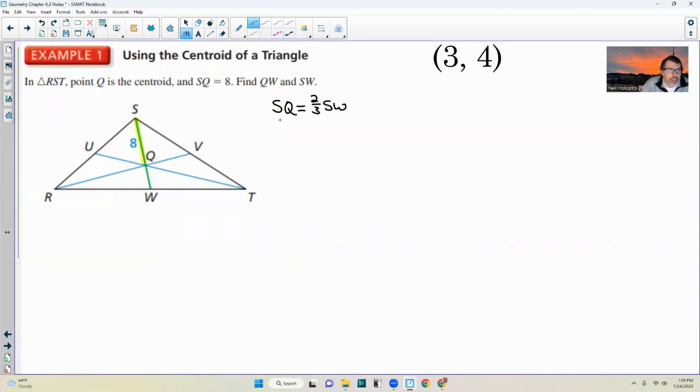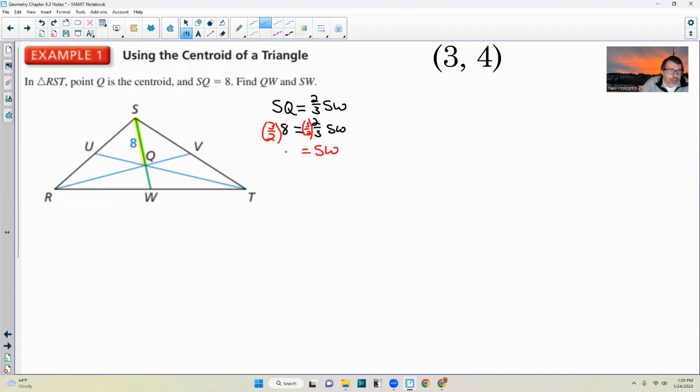Then you substitute the given. So SQ is 8, so 8 equals 2/3 SW. And in order to get rid of a fraction, you multiply by its reciprocal, 3/2. And what you do to one side, do to the other. So 3 times 2 is 6, 2 times 3 is 6, 6/6 is 1 SW.